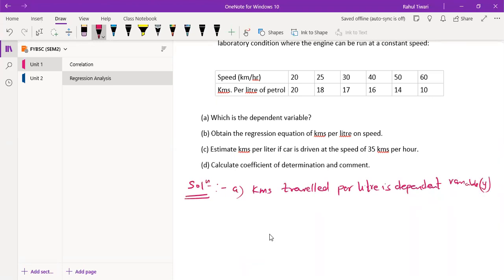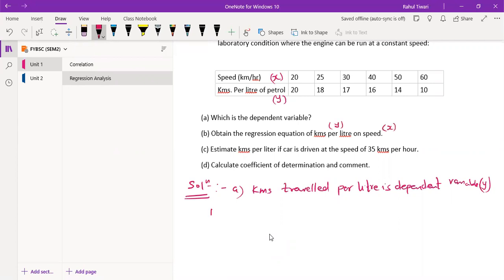Now I know this is y, so automatically this will be x. So now you know the x data and the y data. Obtain the regression equation of kilometers per liter on speed. Kilometers per liter is y, on speed means x, so y on x.